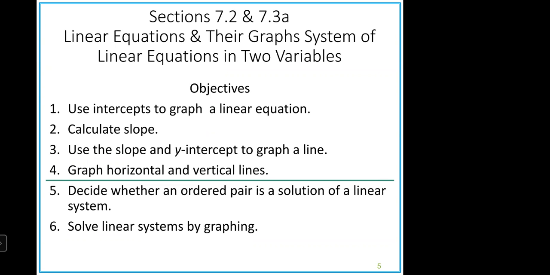Both of them have to do with graphing of equations, specifically linear equations. When we say linear equations, we mean equations that when you graph them, you get a straight line. One section deals with a single equation, and the other with multiple equations on the same graph.